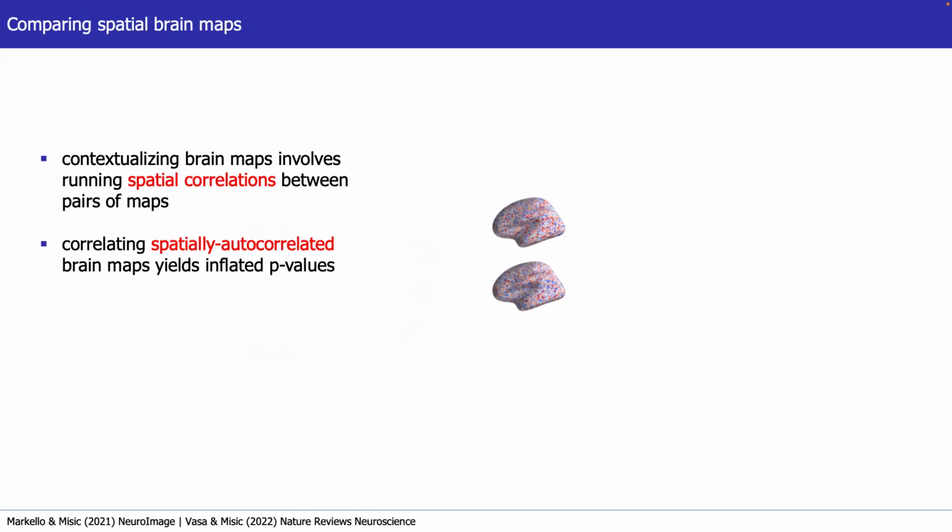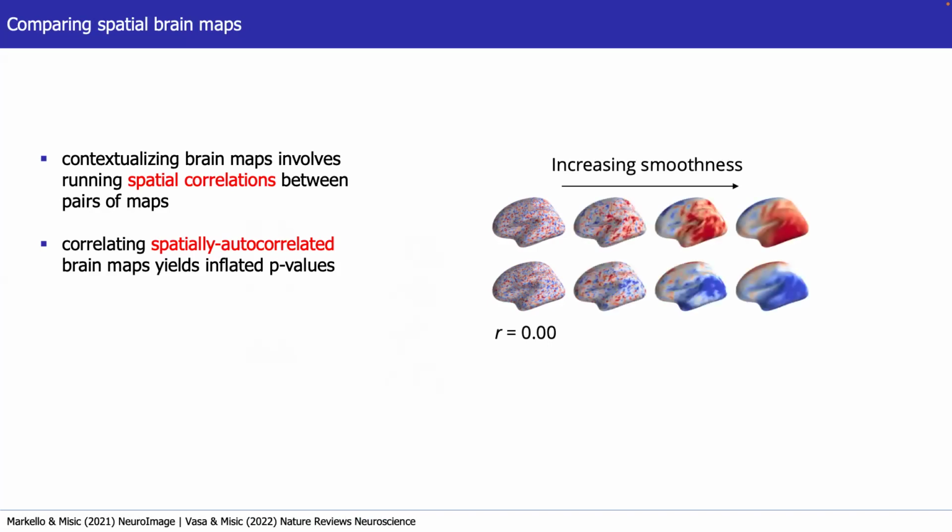And I just want to give you a sense of the scale of the problem. These are two brain maps that I generated that are completely random. They're noise. Their correlation is 0, as one would expect. What I'm going to show you now is what happens when I smooth them out. I apply a smoothing kernel to both of them, and you start to get something that looks a lot like the brain maps that we have in brain imaging.